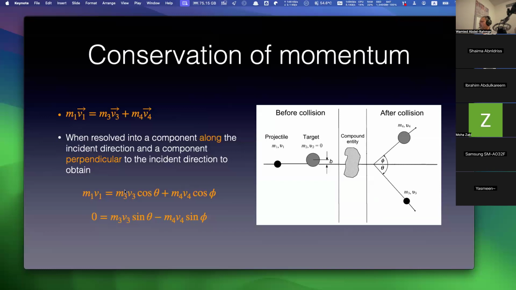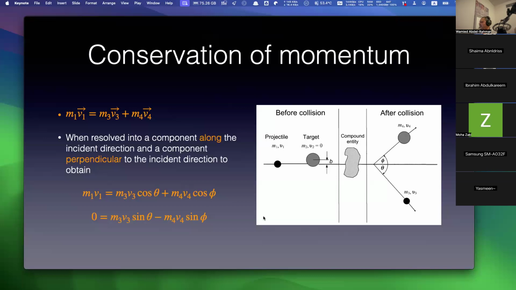In the x-axis, we have the initial momentum, only m1 v1, and after the collision we have the momentum of particle 3 multiplied by the cosine of the scattering angle theta, and also the momentum of particle 4 multiplied by the cosine of its angle, phi.